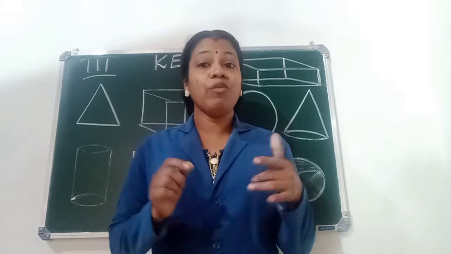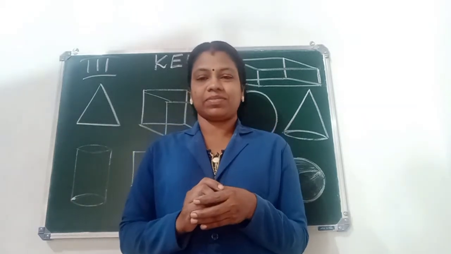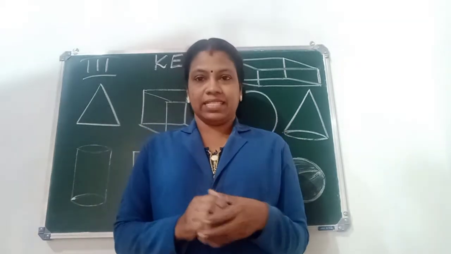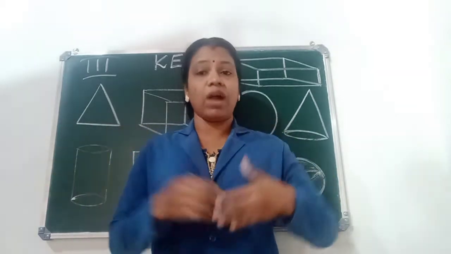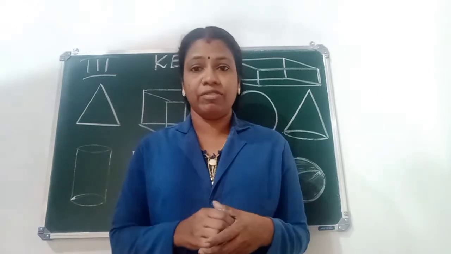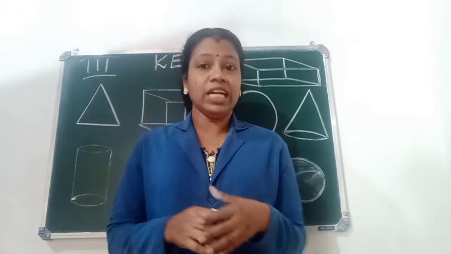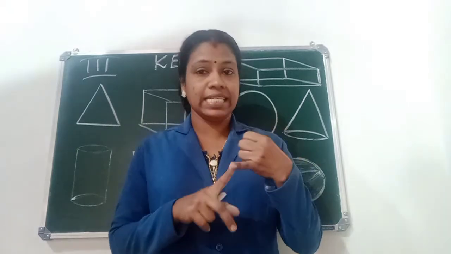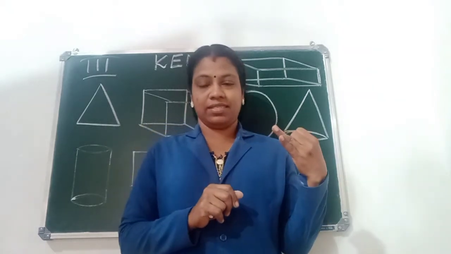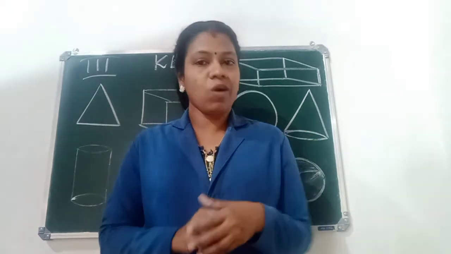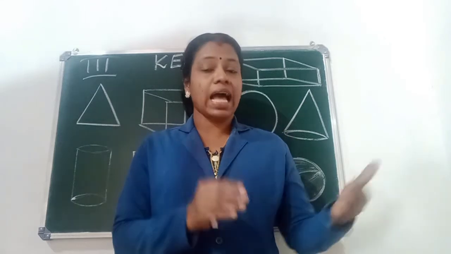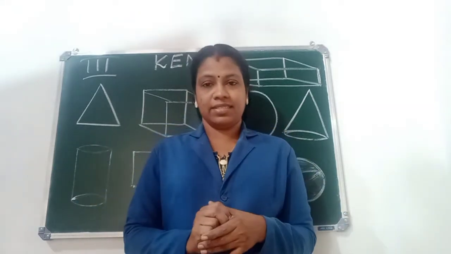What is the word? Vertex, or vertices if it has more than one corner. So we learn two words, edges and vertex. In solid shapes, we call sides as edges.